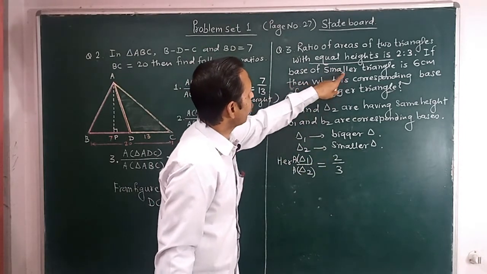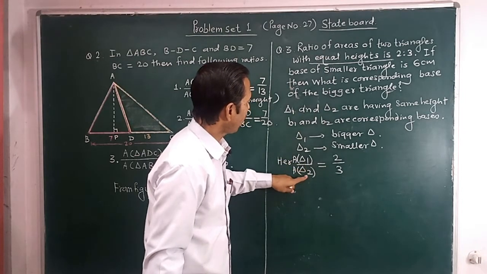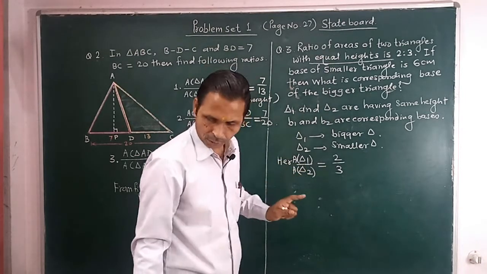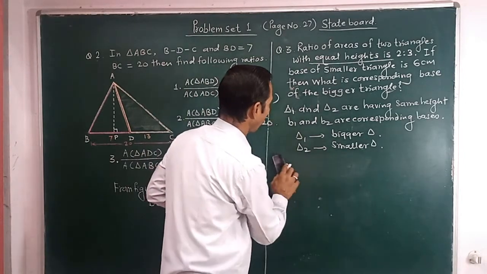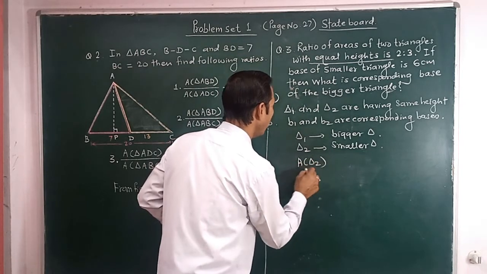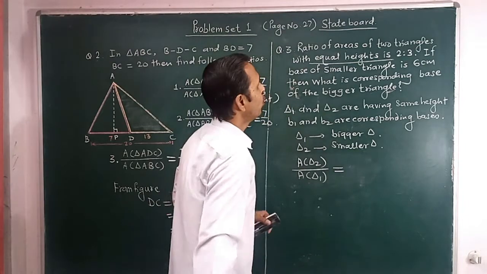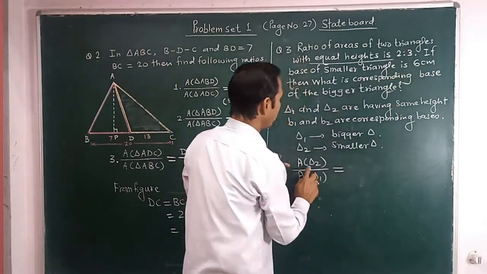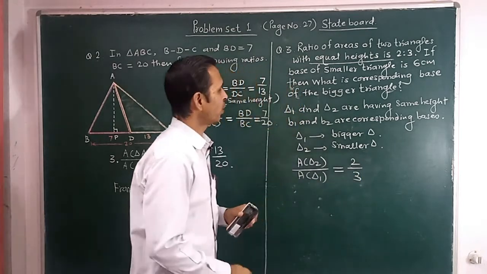We know that triangle 1 is the bigger triangle and triangle 2 is the smaller triangle, sorry. Then we write here area of triangle 2 divided by area of triangle 1 is equal to 2:3. That's why triangle 2 is smaller, meaning 2/3.